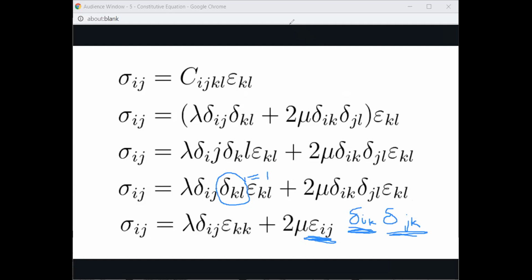Di pala. Let's repeat. Here, lahat daw ng K mapapalitan ng I. So yan yung nangyayari. Lahat daw ng L, okay, mapapalitan ng J. So yan yung nangyayari.